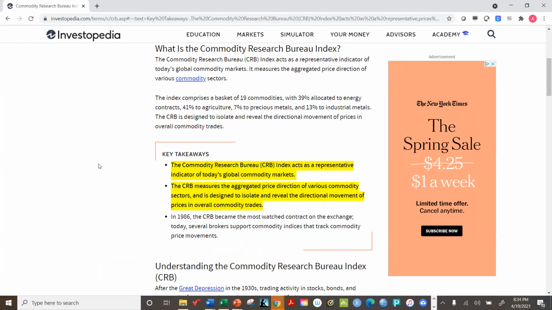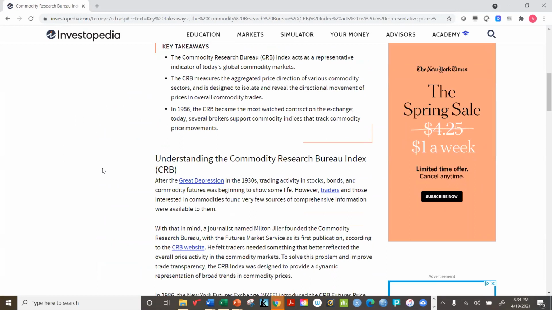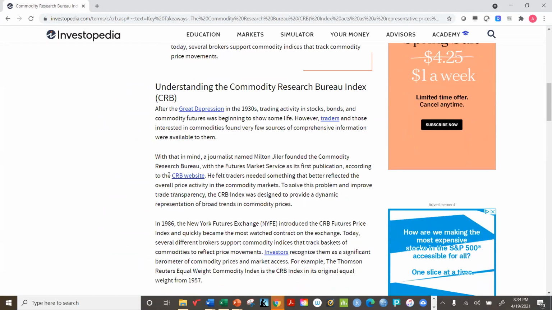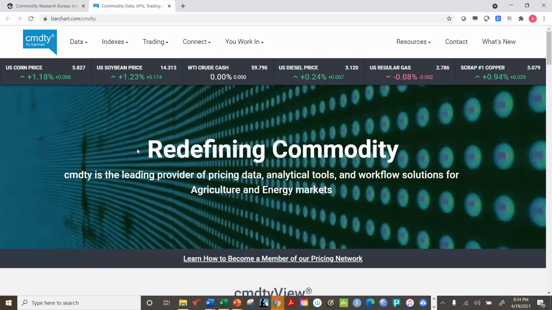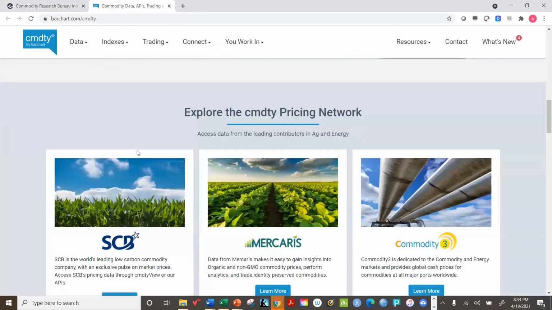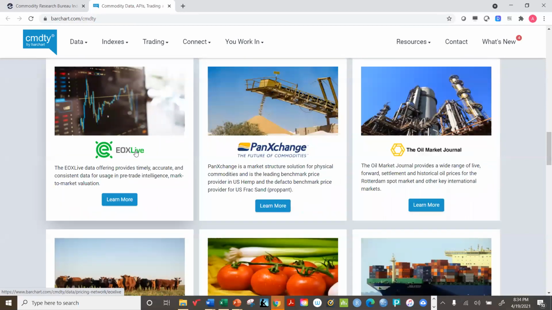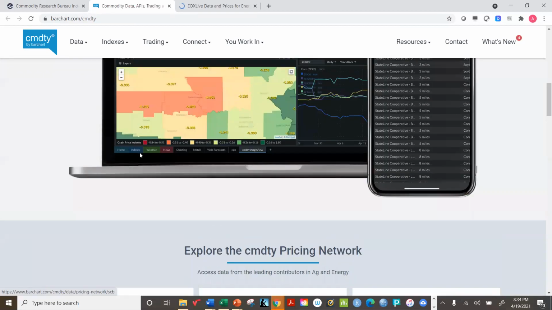It is designed to isolate and reveal the directional movement of prices in overall commodities trades. So it doesn't say here what's in it. I guess we could look at their website and find out. I was just curious to see what's actually in that index.